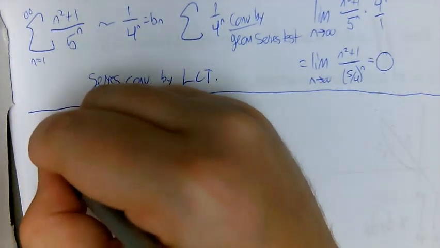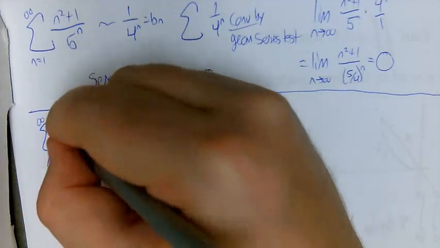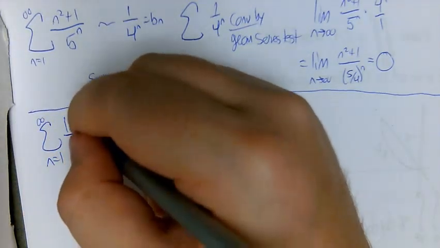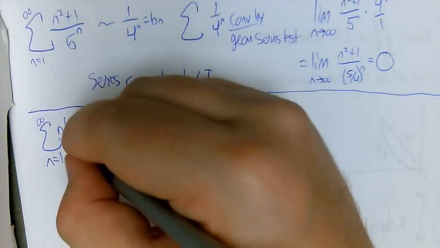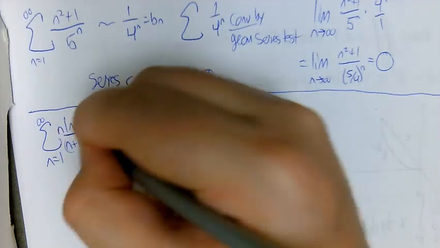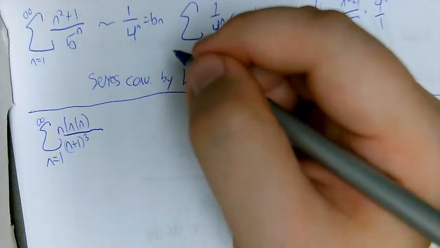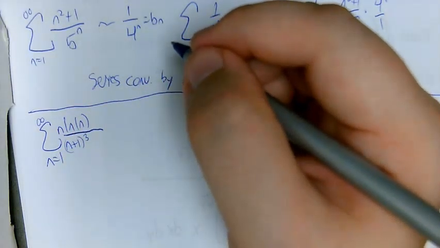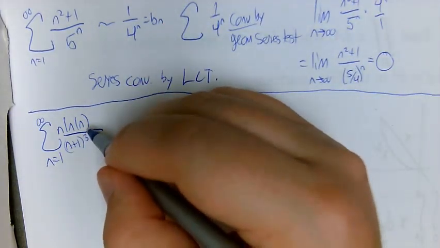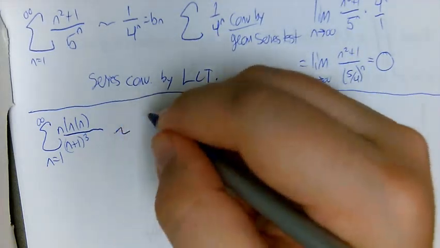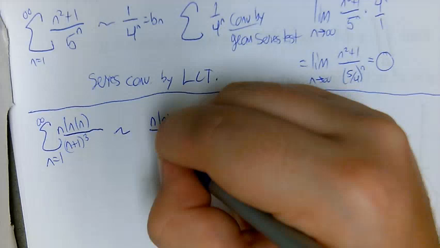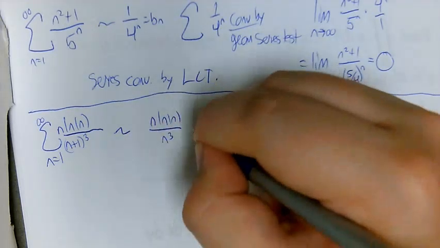We have the sum from n equals 1 to infinity of ln of n divided by n plus 1 cubed. Okay, this is kind of interesting here. What I'm going to do is limit compare this with ln of n over n cubed.